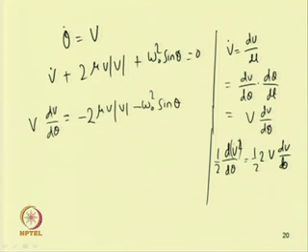Half d by d theta of v square equal to half into 2 v into dv by d theta. So, this 2 cancels, and v dv by d theta can be written equal to half d v square by d theta.